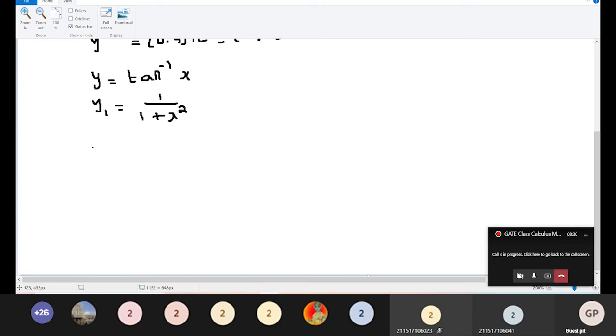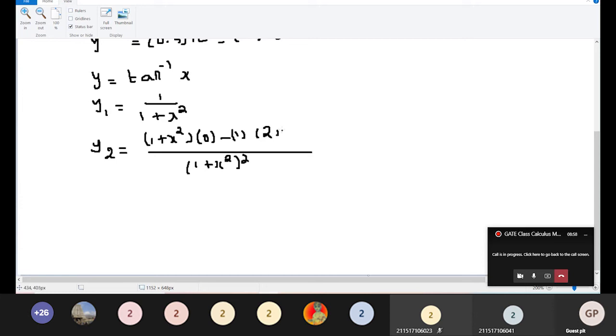y2 means we have to differentiate one more time using the product rule: 1 plus x square whole power 2 in the denominator, numerator 1 plus x square into differentiation of 1, which is 0, minus 1 into differentiating the denominator, it will be 2x.